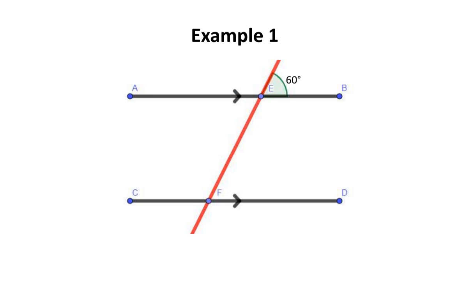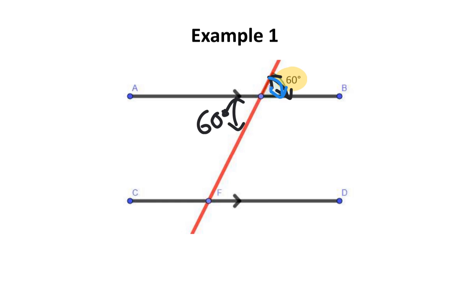In our first example, we are given one known angle and nothing else. You can use this one angle to find every other unknown angle. This angle and this angle are opposite angles, which means this has to be 60 degrees since opposite angles are equal.